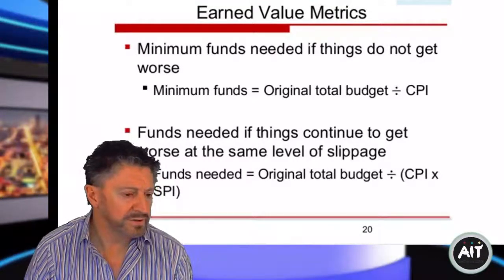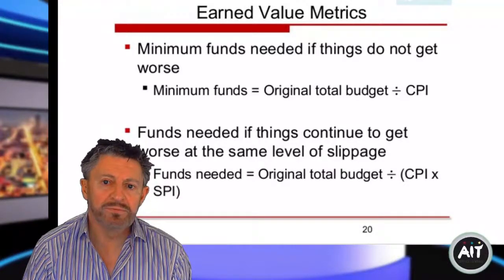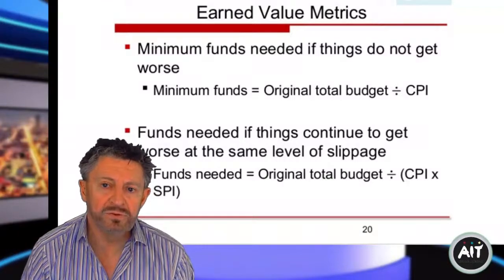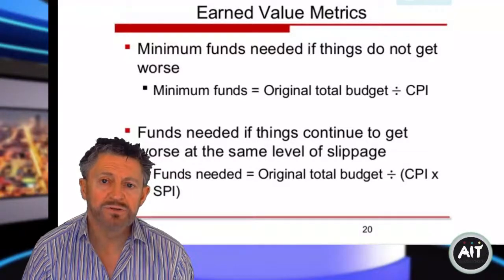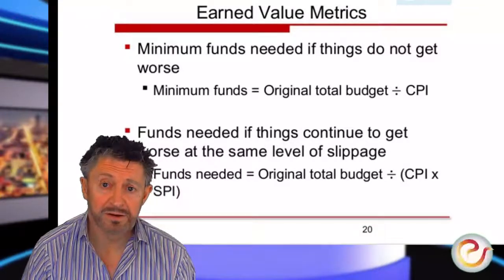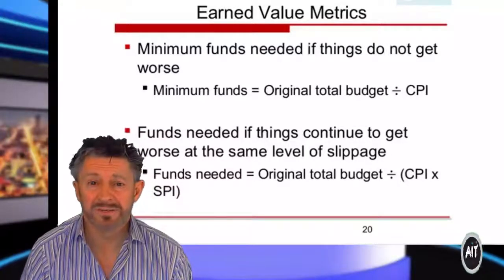I don't have a calculator handy. So your earned value metric will show you that 150,000 divided by 0.95 will show you the final cost. What's that? About 156, 157,000.